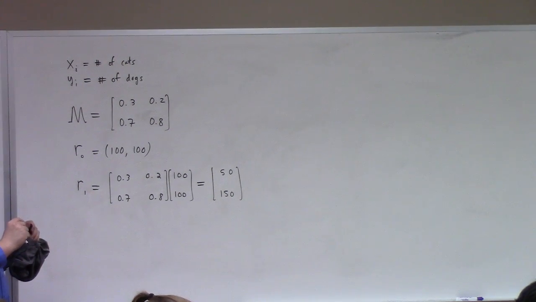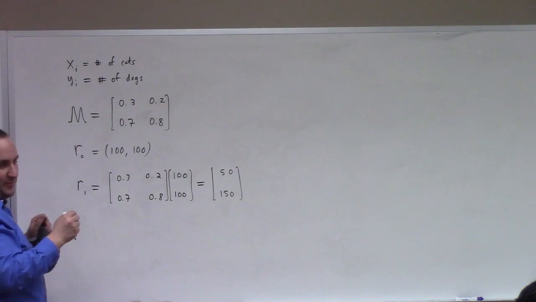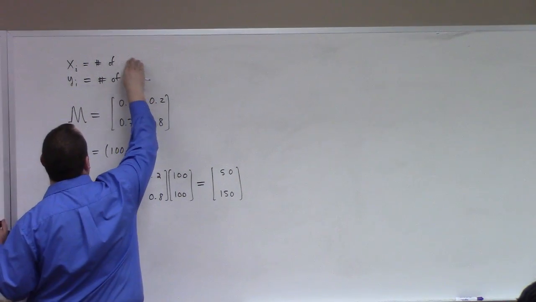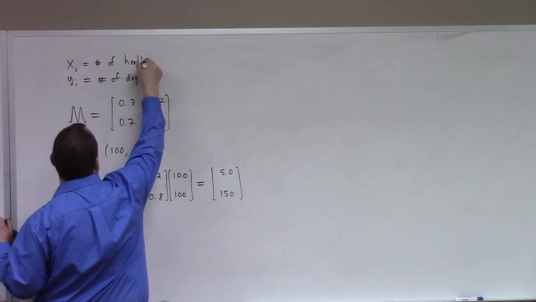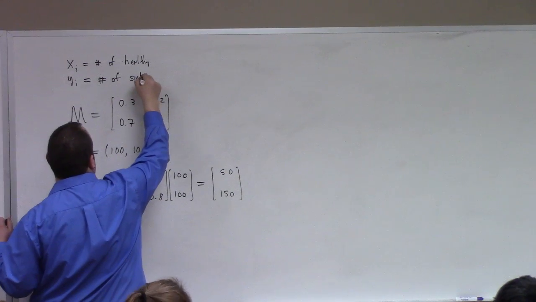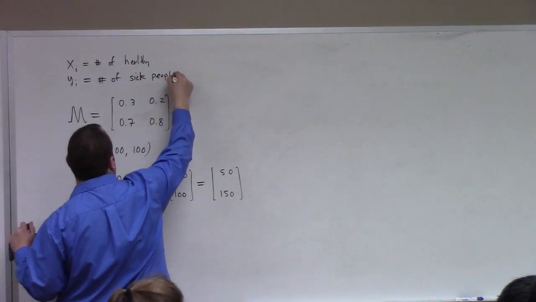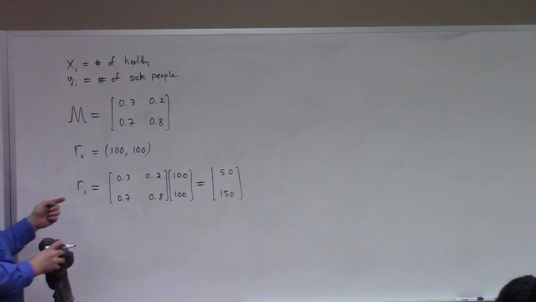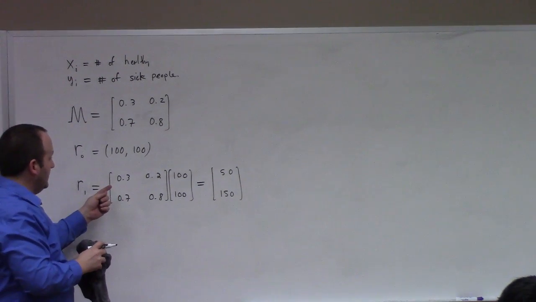So this probably would make more sense if, instead of cats and dogs, you did something like number of healthy people, number of sick people. Now this would be the spread of, let's see here, so what does this say?